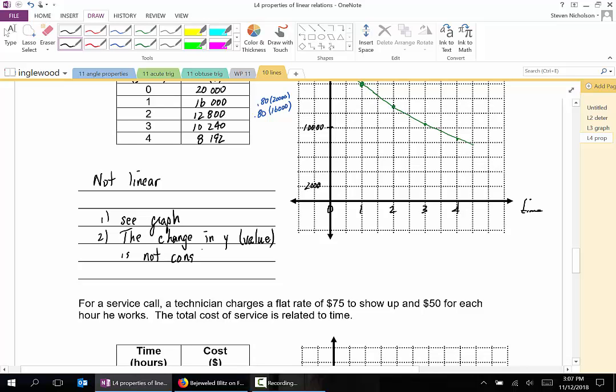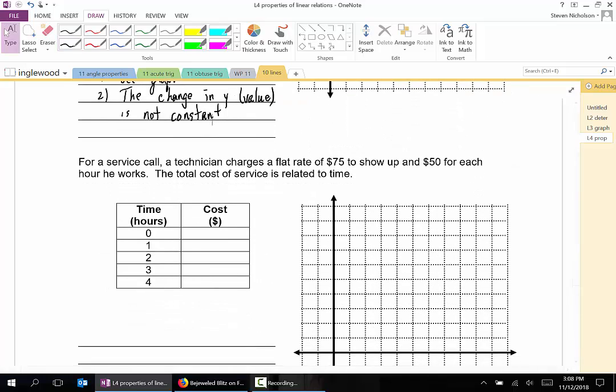The first drop is 4,000, and then the next drop is 3,200, and then the next drop is 2,560, not a constant. Now there is a constant change in x, but remember, for something to be linear, we have to have a constant rate of change, which means both. So not linear pictorially, not linear using our table.